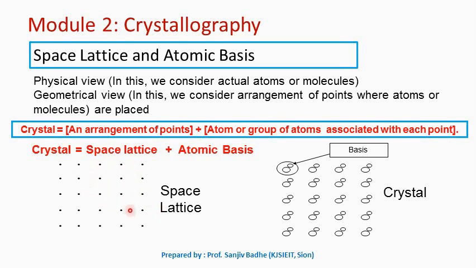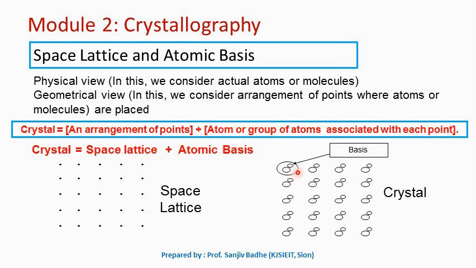Each point in the space lattice is called a lattice point. When we associate an atom or molecule with each lattice point, we get a crystal. An atom or group of atoms associated with each lattice point in the space lattice is called the atomic basis.